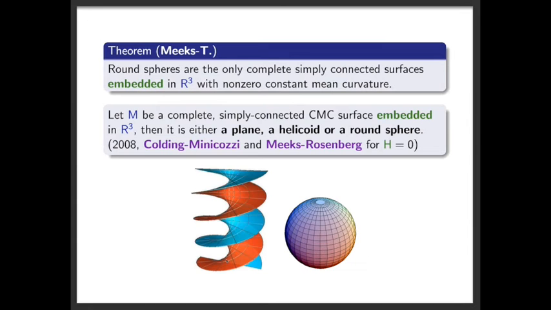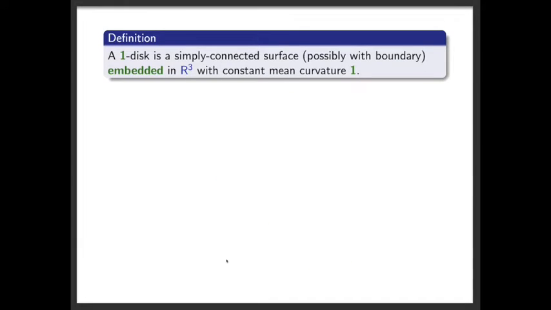So this result actually was the headline result of a deeper analysis of the geometry of CMC surfaces. So I'm going to talk a little bit about this analysis, and in order to do that, let me introduce a definition.